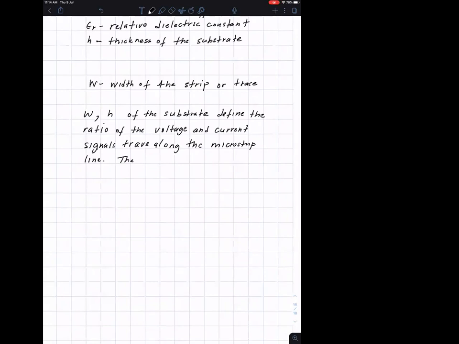The ratio is called the characteristics impedance, impedance of the line.